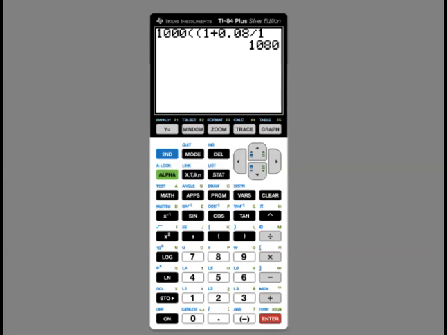Oops, wrong. So let's clear it. Do it again: 1,000 multiplied by the open two parentheses, and then enter 1 plus the rate 0.08 divided by 1, close the parentheses.